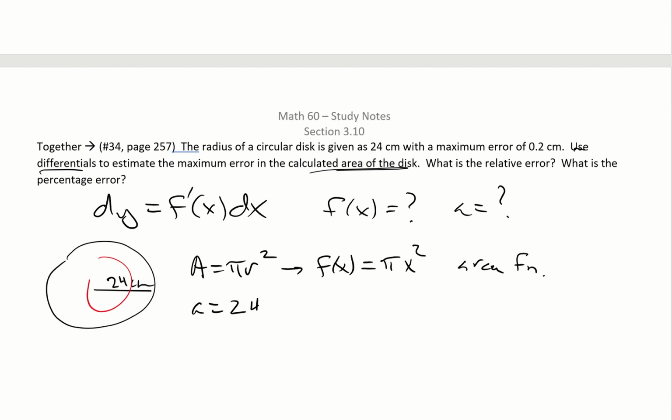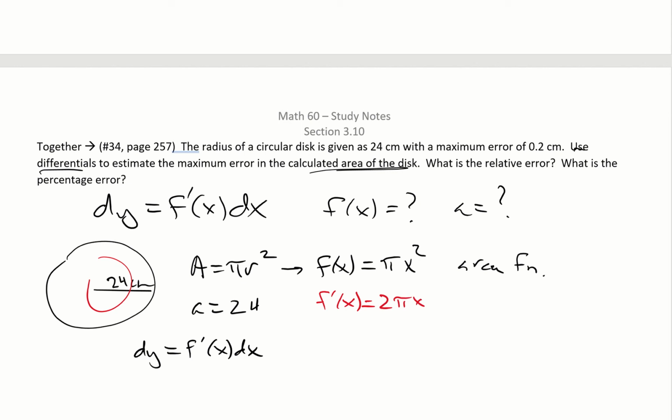We'll just go dy is equal to f prime of x dx. Let's do some work in red. We know that f of x is pi x squared, so f prime of x is 2 pi x.